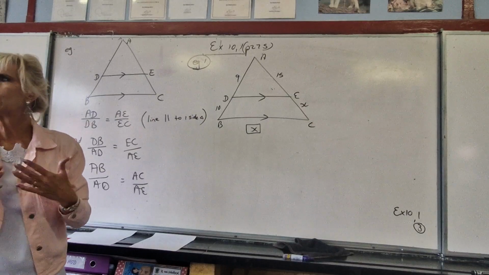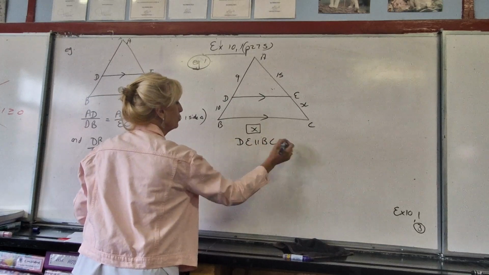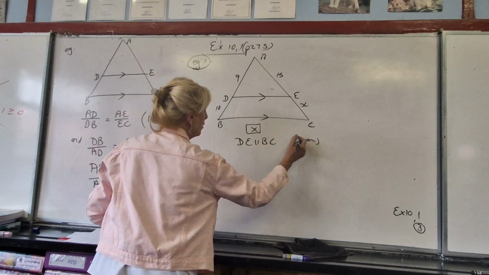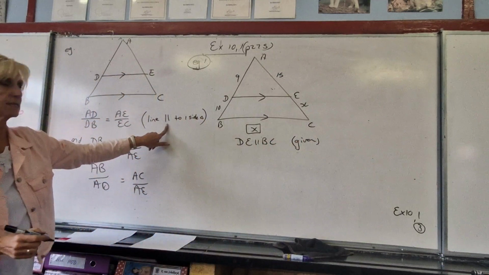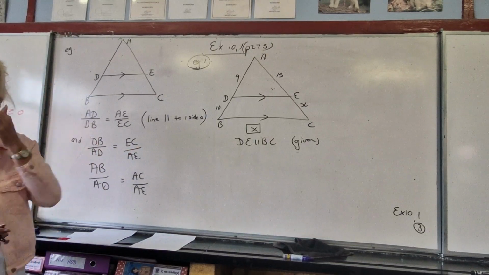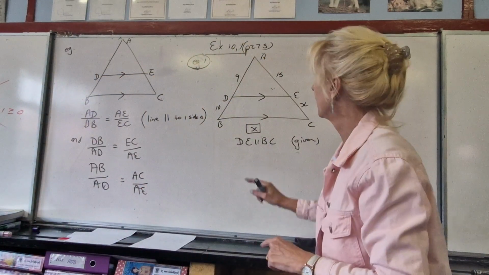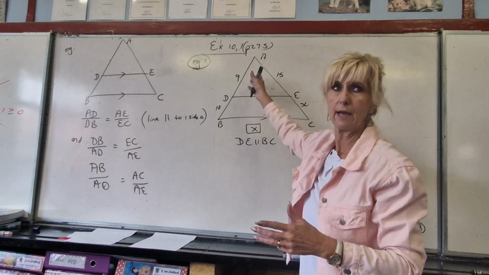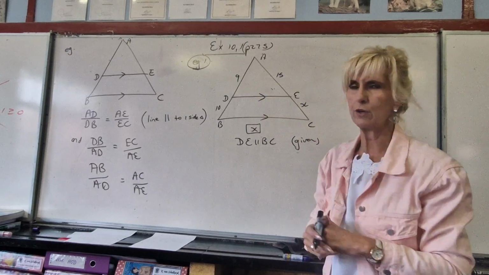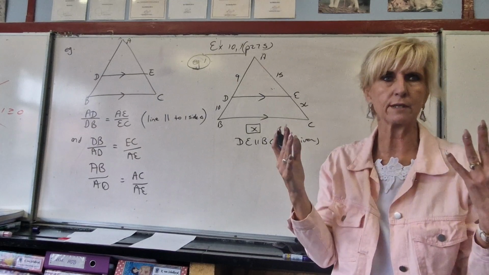And actually, it's a good thing to always write DE is parallel to BC before you even start, knowing that you can use the theorem that says line parallel to one side. So to find that x, what would you say? Do you need to say DB over AD, etc., etc.? You don't have to. You can, it's good. I don't like it, it's too much writing.